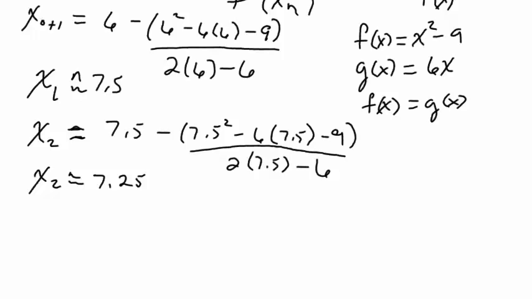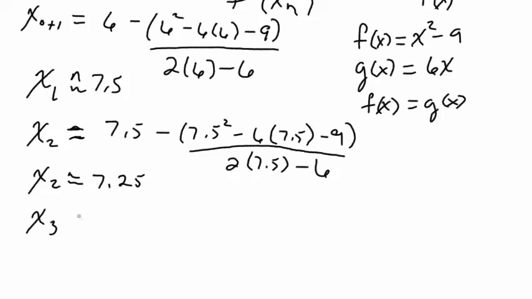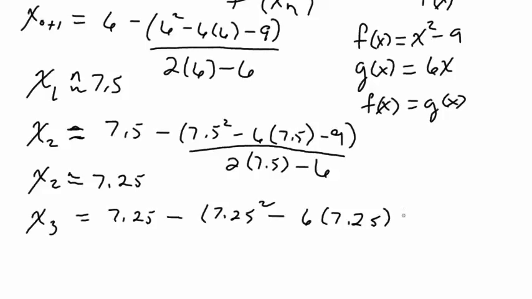Okay, now remember, we want two successive approximations that differ by 0.001. We got 7.5, 7.25, so those don't differ enough. So now let's do x of 3, right? So 7.25 minus 7.25 squared minus 6 times 7.25 minus 9.